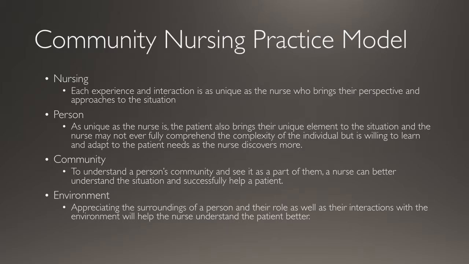With the person, it regards the patient or the client that's being addressed at the time, and that they are just as unique as the nurse, and that the nurse really needs to continue to adapt and learn from the person, and also that you may never really fully comprehend what's behind somebody, but that you're always willing to learn and grow as you get to know these people better and better.